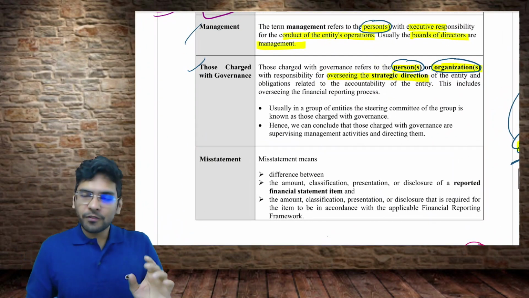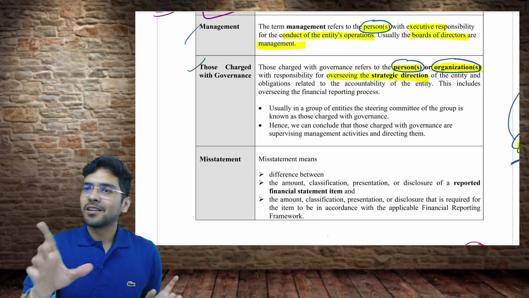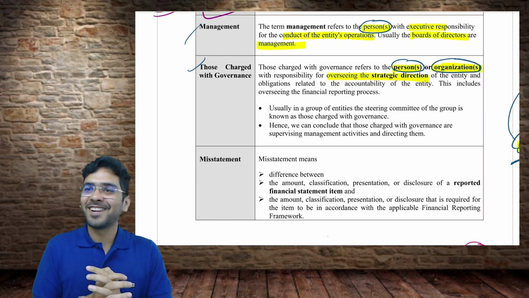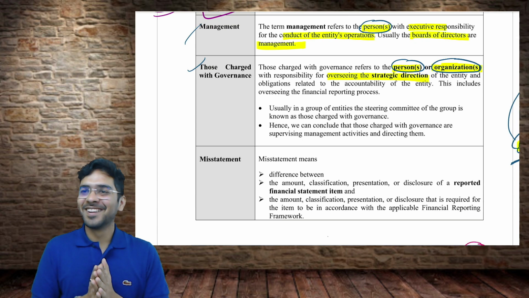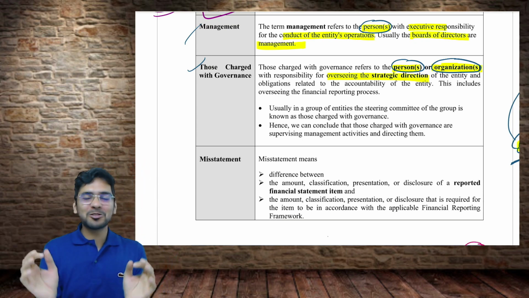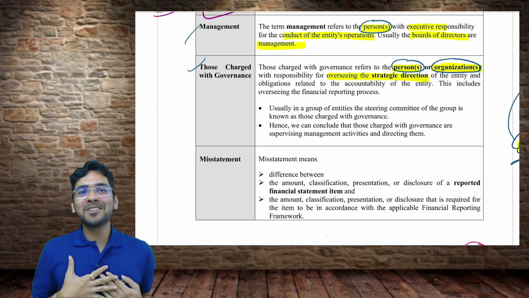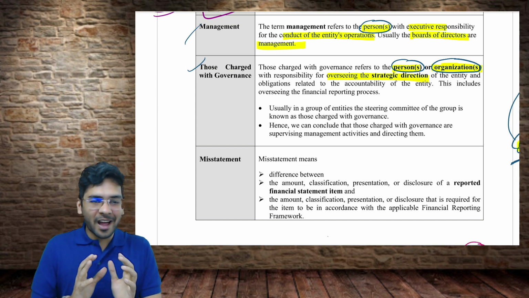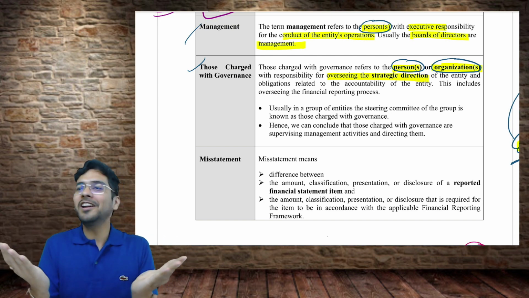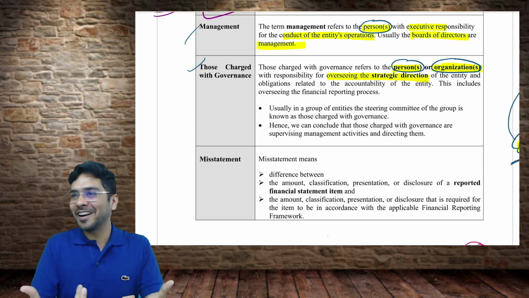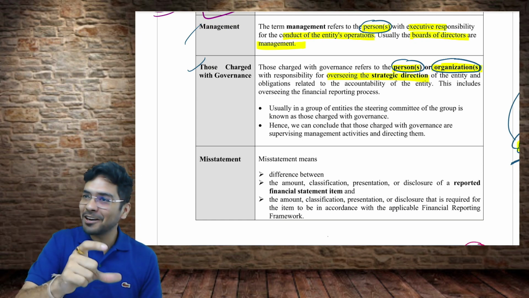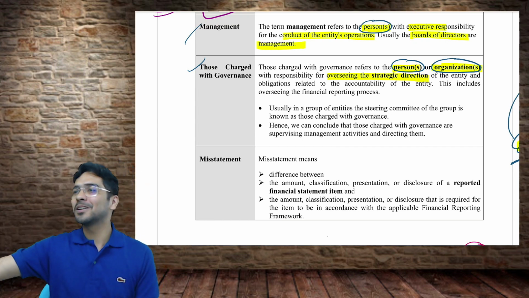Now, were you all clear on these definitions while you were preparing for the exam? Generally what happens is we just tend to read it, and when it comes to the standards part, I know how students take it up. So I'm trying my best to make everything very clear to you, so that when you read the audit subject, you find it interesting. I've seen students leave this topic for the end.